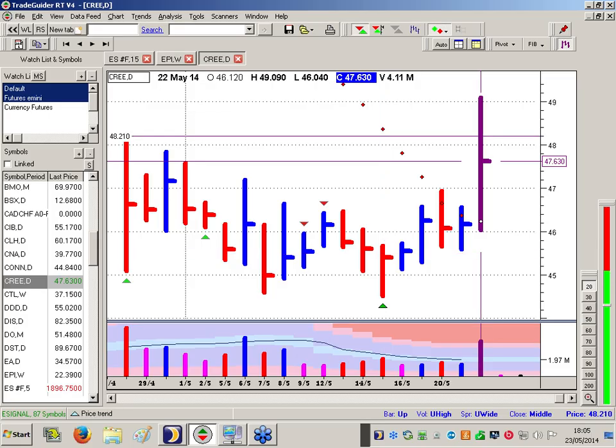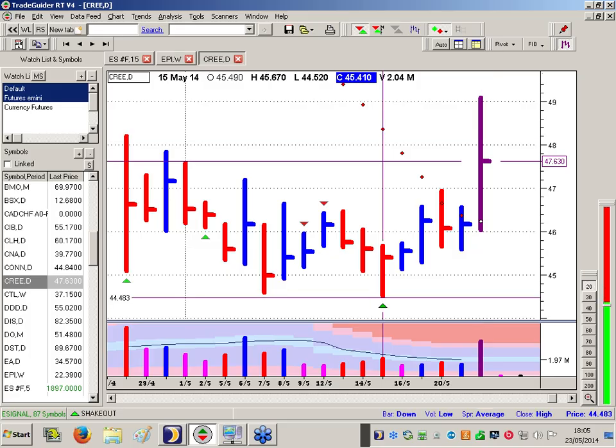That's what we call a weak bar. That was yesterday. But on saying that, there is a shakeout look here. No supply. It's moving up with the index.